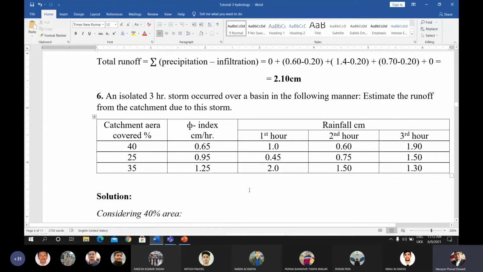Now move to question number 6. The catchment area is divided into 3 parts, because the soil may be variable, the rainfall intensity may be variable, and the absorption capacity of the soil may be variable. That's why the area is divided into 3 zones. Zone 1 covers 40% of the area, zone 2 covers 25% of the area, and zone 3 covers 35% of the area.